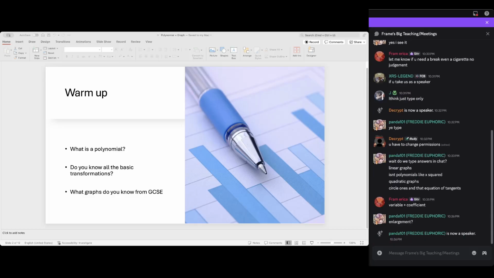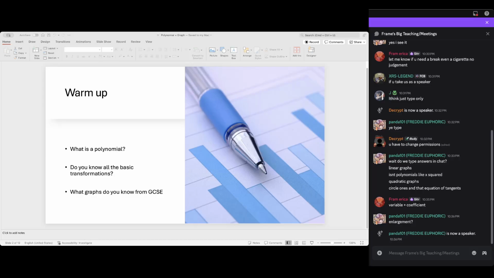I invited you. Enlargements and what else? Isn't it like a rotation or something? The transformations, we have enlargements, then we have shrinking.